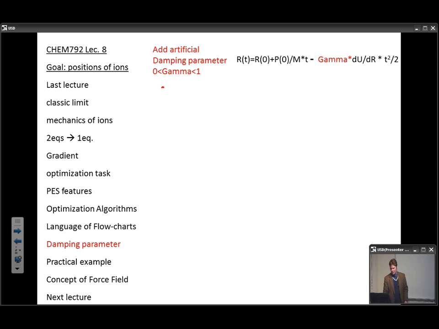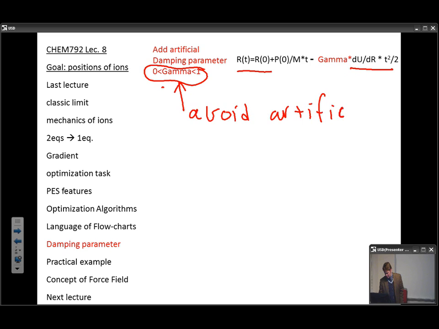One often adds a damping parameter in this equation, and then the resulting equation is the main equation that operates in finding the optimal geometry. So it is the main equation to optimize geometry.